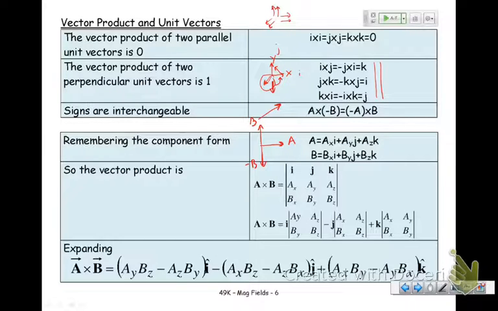A crossed with minus B is going into the page, and minus A crossed with B is going into the page. Are you familiar with those two? So that is coming out of the page, and that is going into the page. Are you comfortable with that?